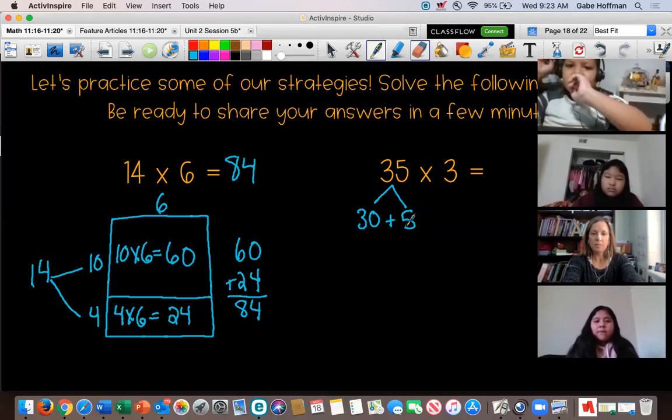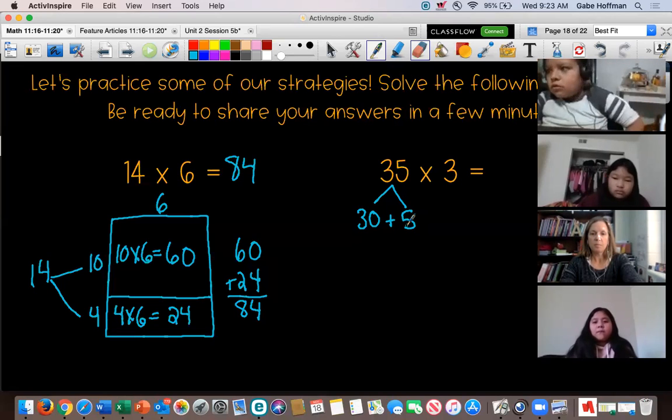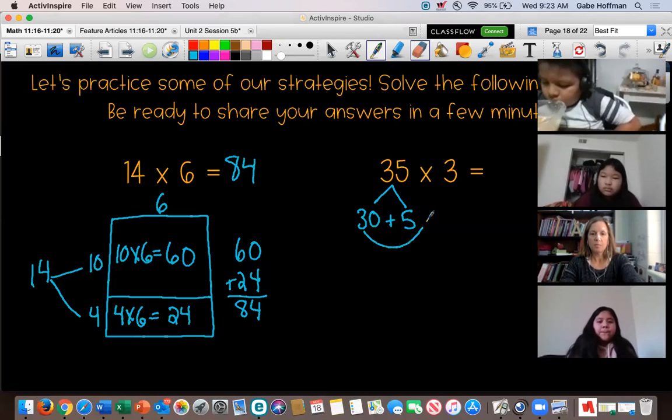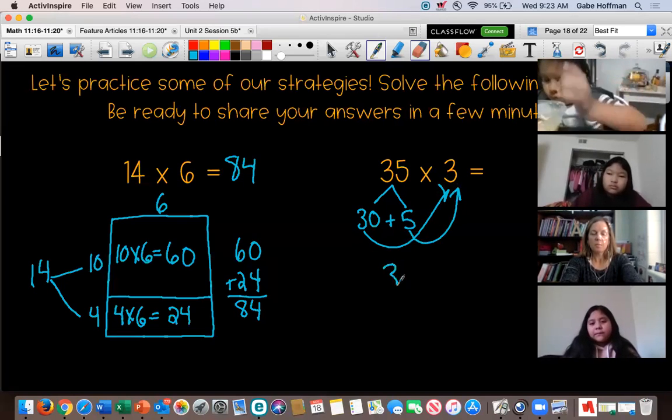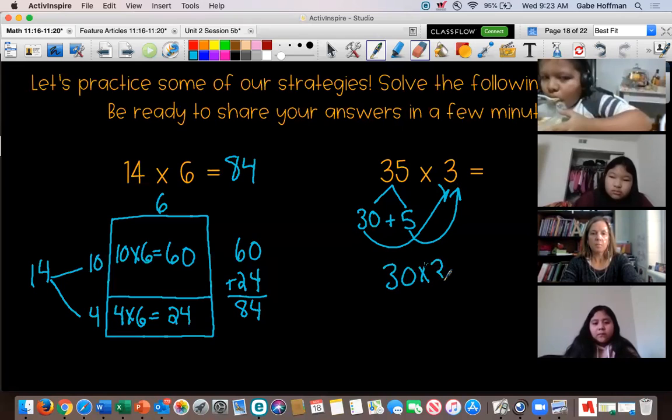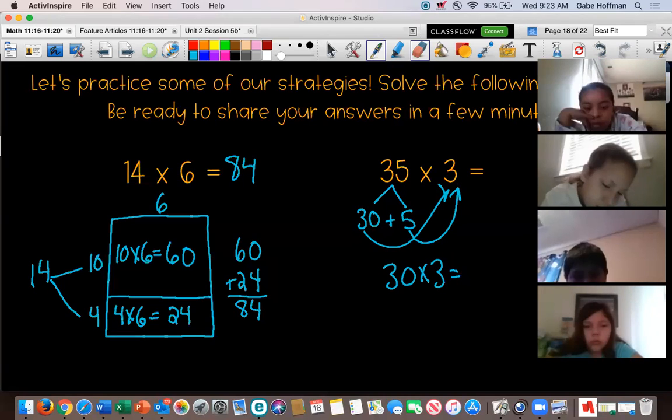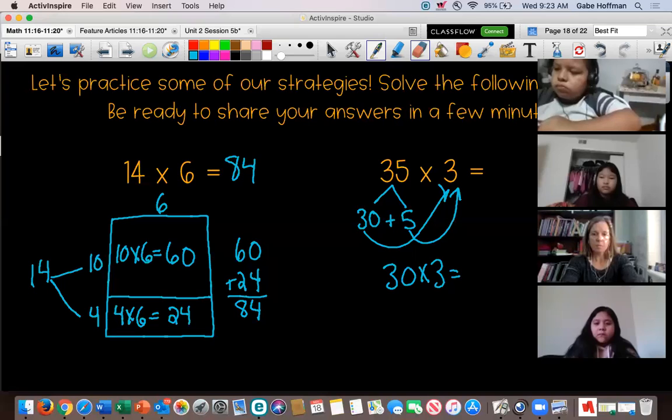So we have 35. So then we have practiced these big multiples. So now we're going to take 30 times 3 and we're going to take 5 times 3. So let's do 30 times 3. What math fact do we know that we can use to help us solve 30 times 3? What times what? If we change that 30 into ones.